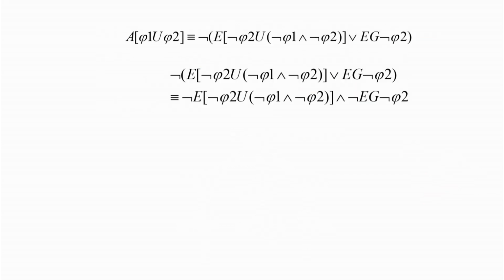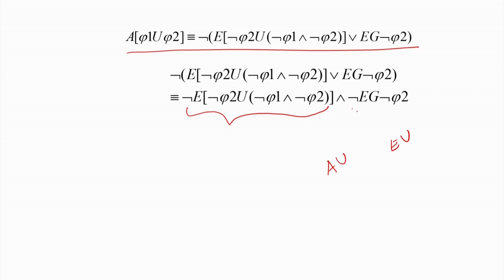So, we are going to consider this as another equivalence, that means A until can be expressed with your E until. Okay. So, this is the basic thing: negation of this whole expression. Now, we can apply De Morgan's theorem, that means negation of this component and negation of the other component.